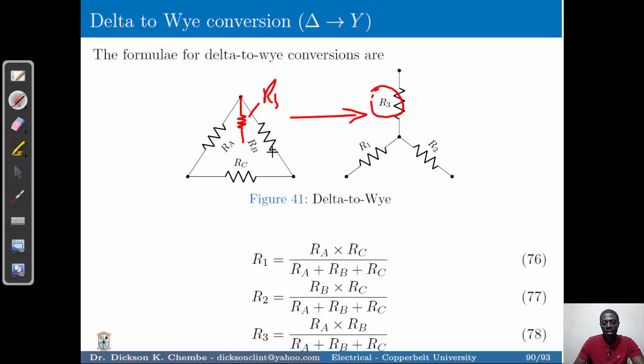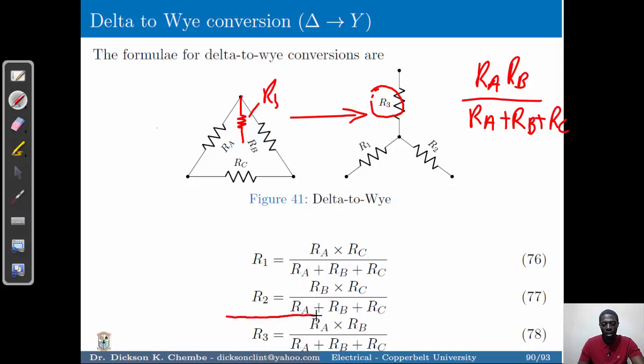We get that as a multiplication as the numerator. So this is RA multiplied by RB over the denominator, which is the sum of all the resistances in the delta circuit: RA plus RB plus RC. This can be seen for resistor 3 from here. So the numerator is formed by the resistances on both sides of the new resistor R3, which are RA and RB. The product of that is the numerator, and then the sum of all the resistances in the delta.